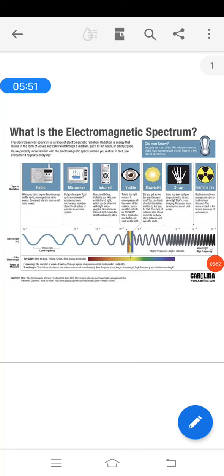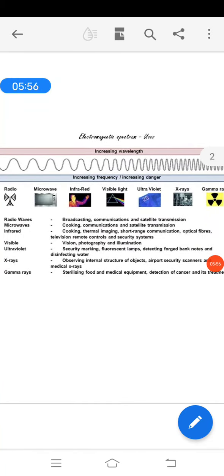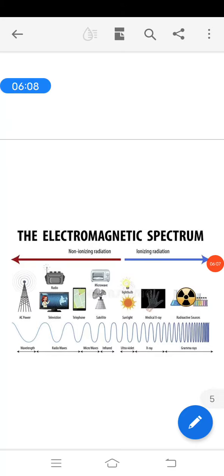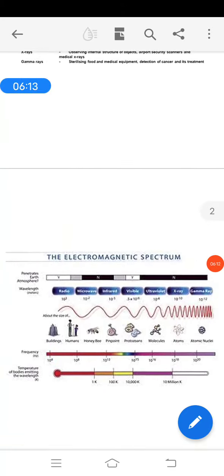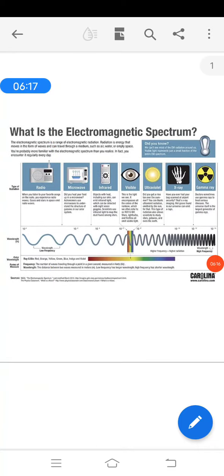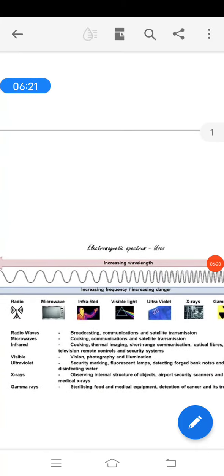We are concerned with which waves are used in communication. These are the radio waves, microwaves and infrared. This figure shows the electromagnetic spectrum, and radio waves, microwaves and infrared are used for communication purposes.